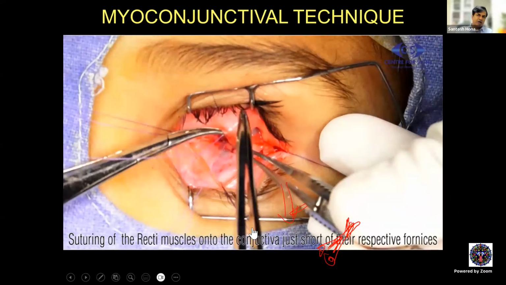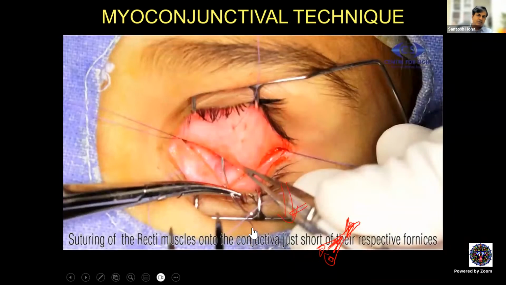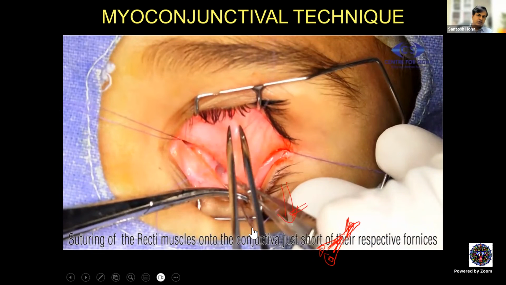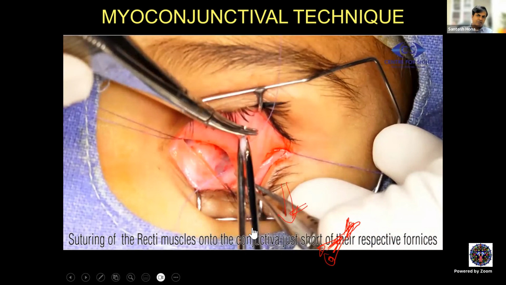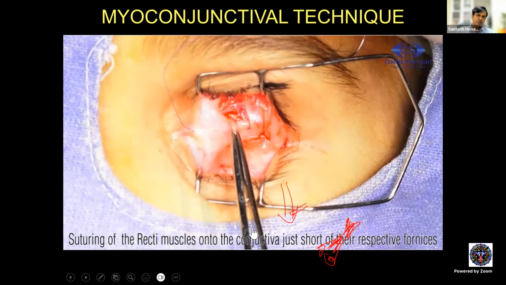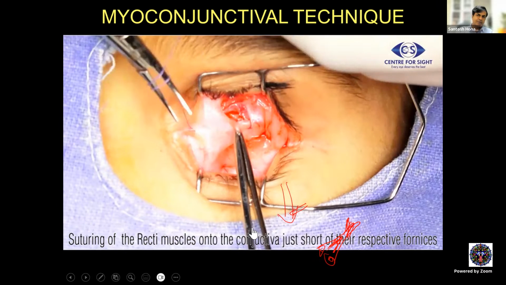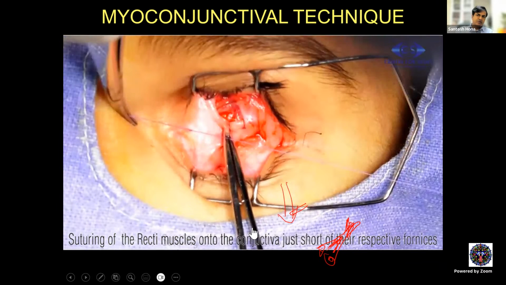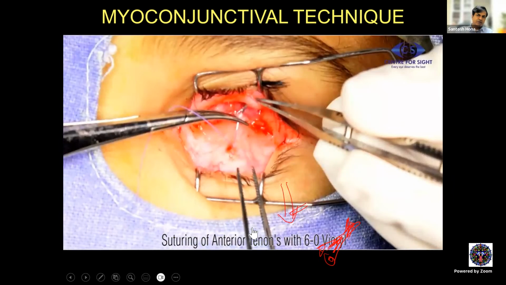Then the myoconjunctival technique, where each extraocular muscle is sutured just close to its respective fornix. The tag sutures of the muscle are used to do this step. All the 4 extraocular muscles are sutured to the respective fornices.